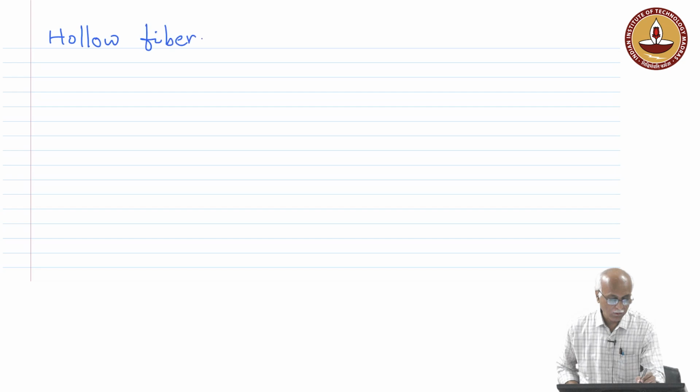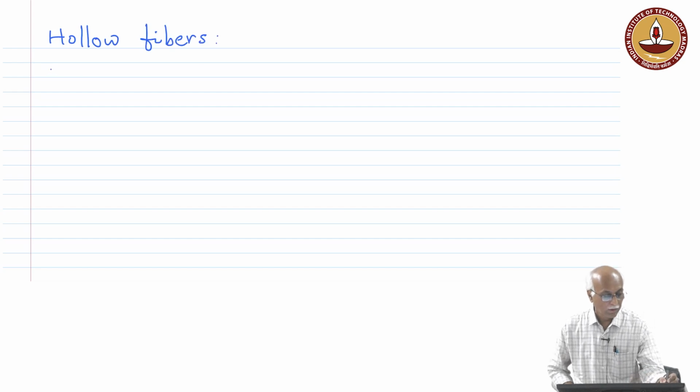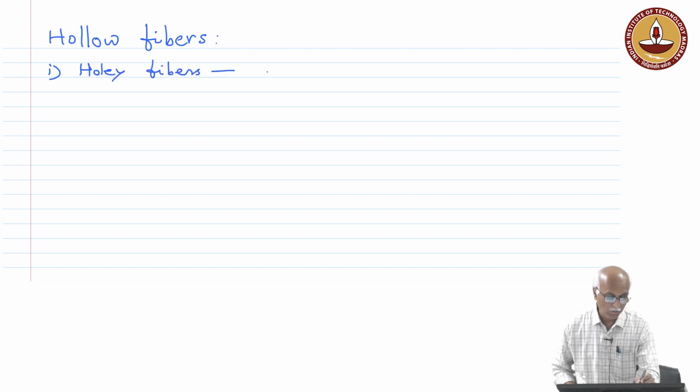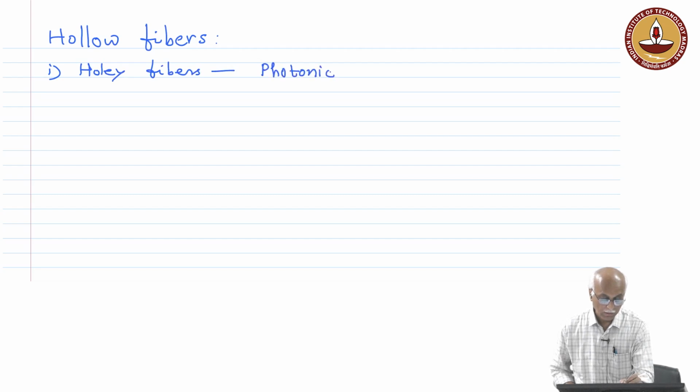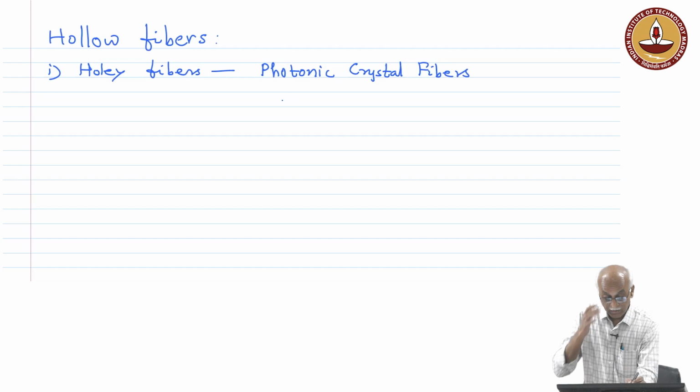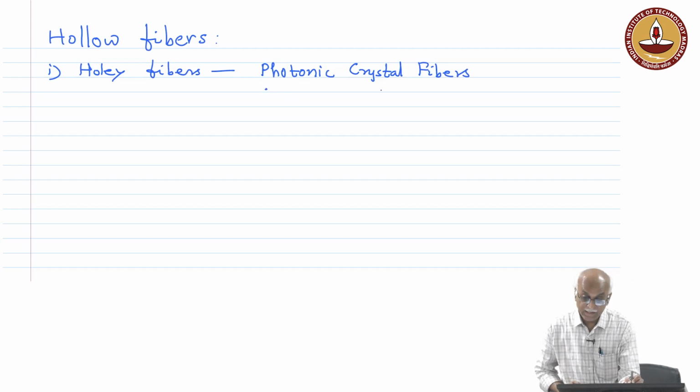Where we talk about one which is also known as holey fibers, correct? Holey fibers are basically nothing but photonic crystal fibers. The technique used is basically functionally graded materials.